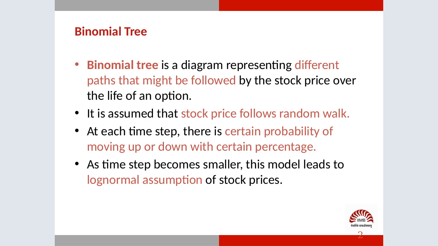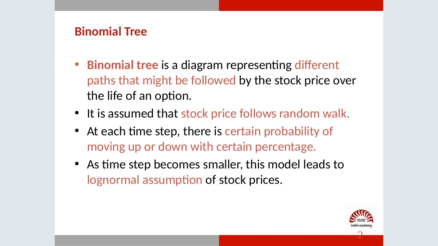Now this last sentence, we'll leave it at this point. I will talk about it a little more when I talk about the Black-Scholes framework and the Black-Scholes assumption. At this stage, I do not need to make the last assumption, but what one can show is that if the steps become smaller and smaller, it will move in a log normal fashion.